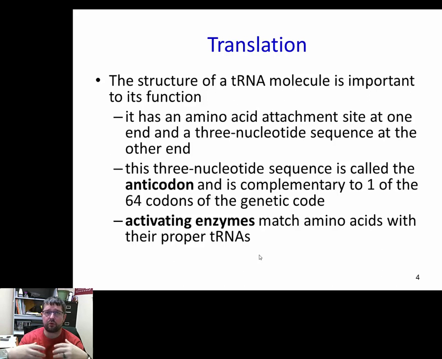The amino acids are already in solution. The amino acids are the result of biochemical pathways, which are linking amino groups and R groups all together to make the 20 different amino acids. That has very little to do with your transcription and translation.